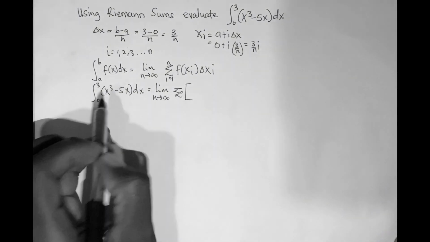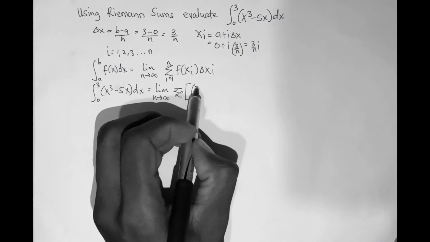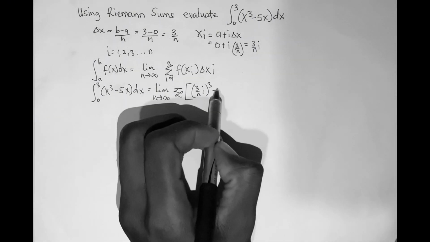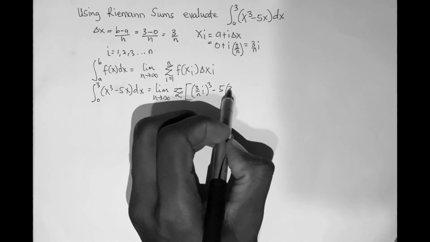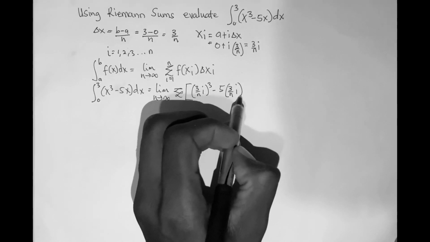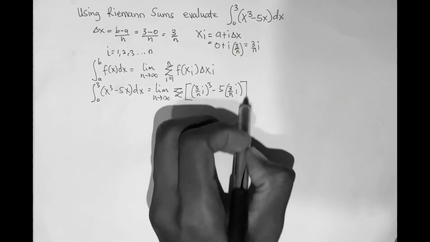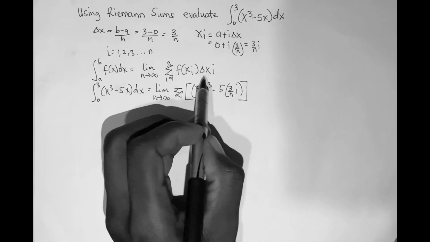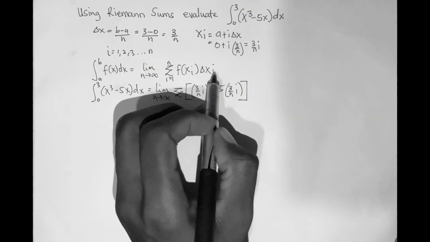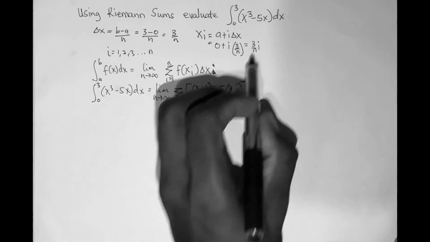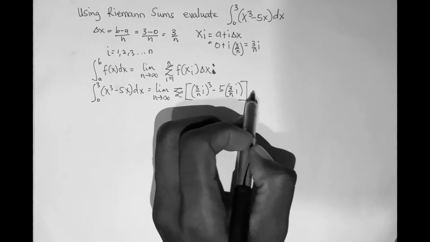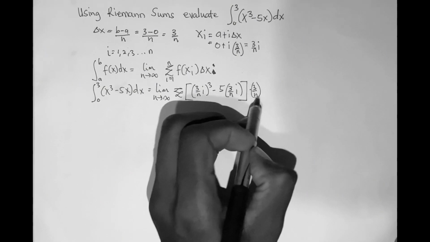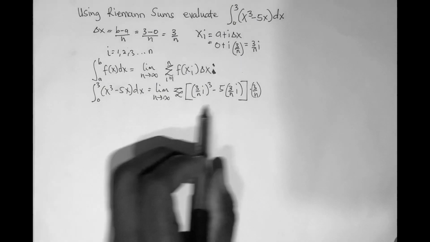So the first one is x cubed, that is (3 over n i) cubed, then minus 5x, which is 5 times 3 over n i, then delta xi. But we know that delta xi is delta x. There's a mistake here. This is delta x. So delta x is 3 over n, so times 3 over n.